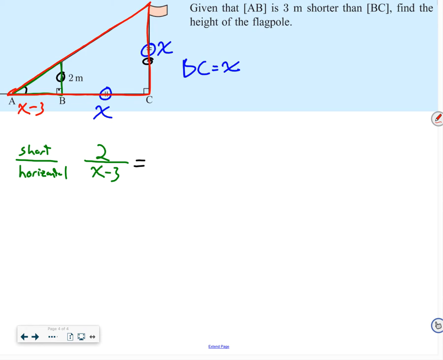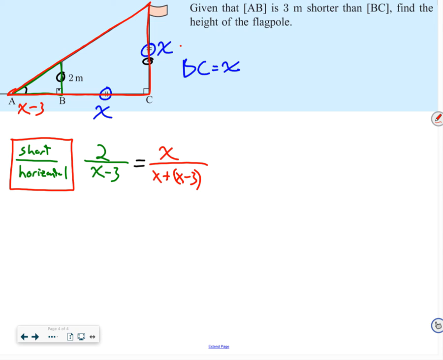Okay, so it's following this same ratio of short over our horizontal long side. Okay, my short side is here, so that's x. Okay, over my horizontal long side, well, that is x plus x minus 3.